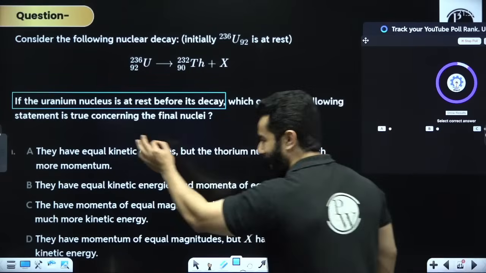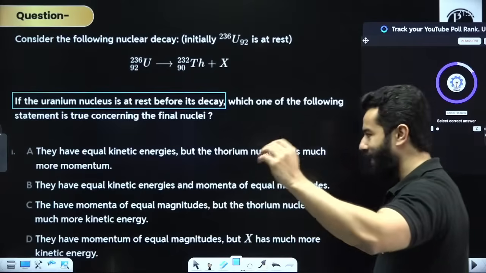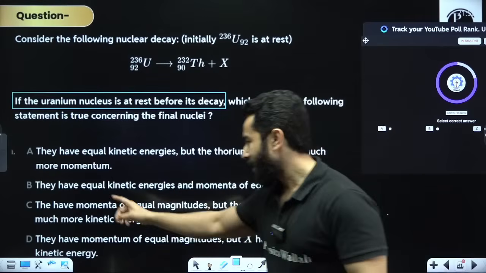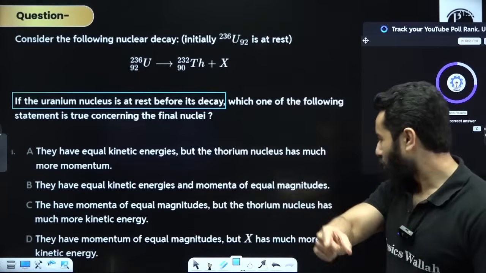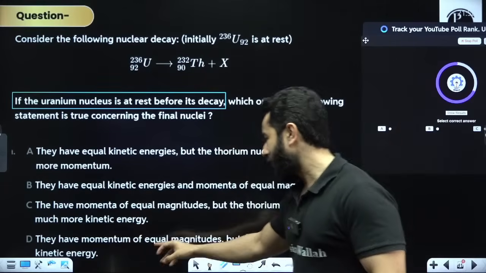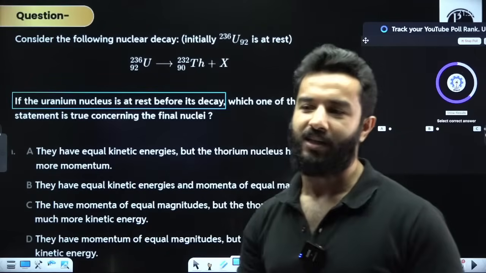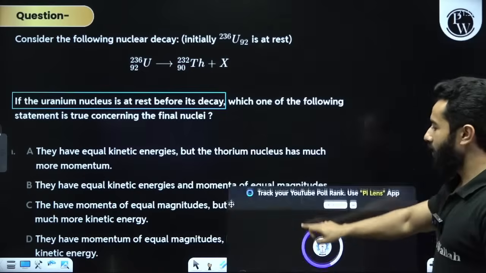Second, they have equal kinetic energies and momenta of equal magnitudes. Third, they have momenta of equal magnitudes, but the thorium nucleus has much more kinetic energy. Last option, they have momenta of equal magnitudes, but X has much more kinetic energy. Nice problem.